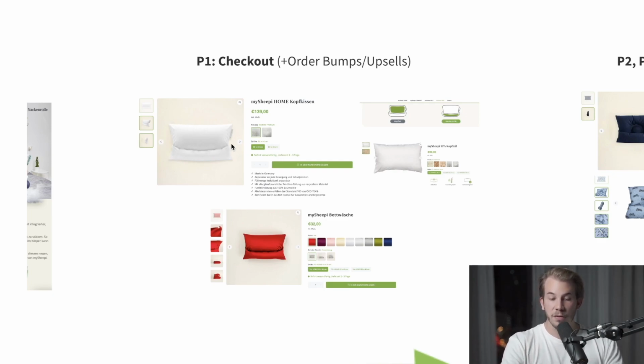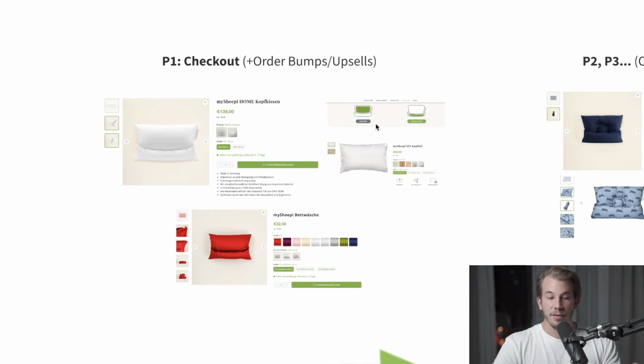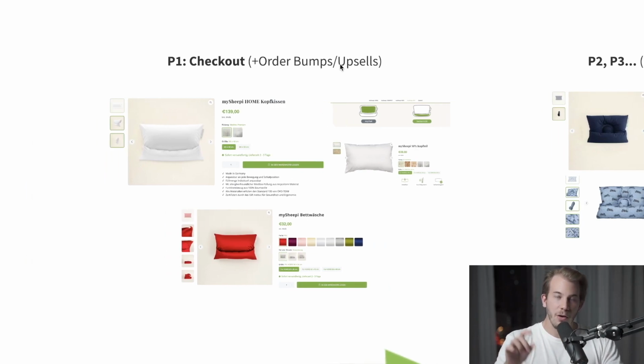One of the features of this pillow also was that everything is adjustable. You can put in more filling, put in less filling, however you want. So there were always these additional filling bags that people bought to increase their pillow's volume. This is all P1, and you see how much this flagship product and concept works here.